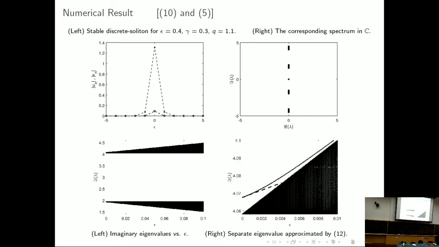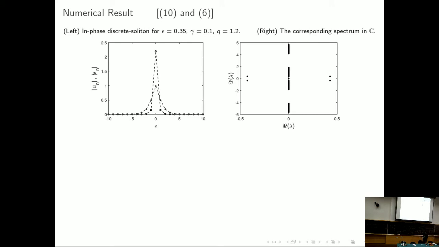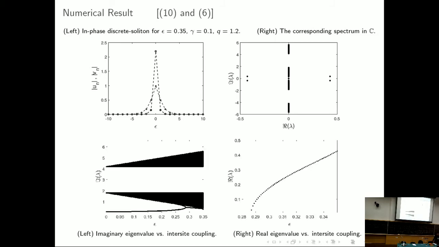But in case number 3 and number 4, you see the quartet of eigenvalues, and this case shows instability, because there is a bifurcation. From here we can see the imaginary part of lambda with respect to epsilon. There is a bifurcation between the continuous spectrum and the discrete spectrum over there.